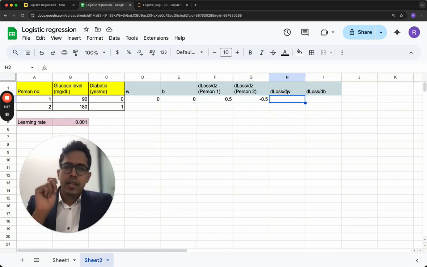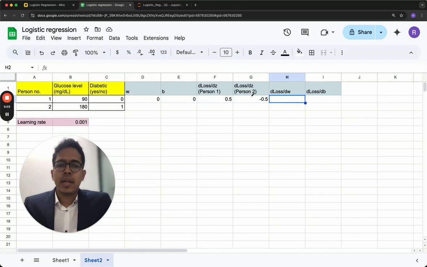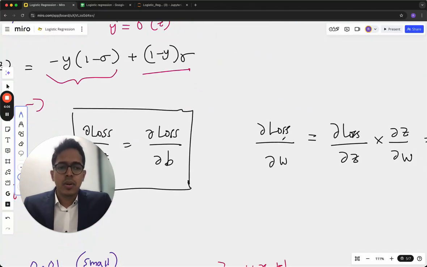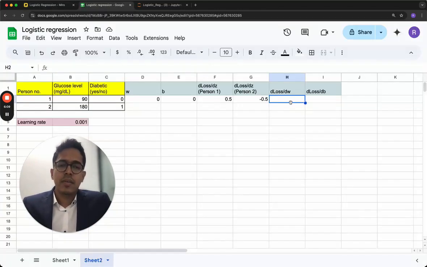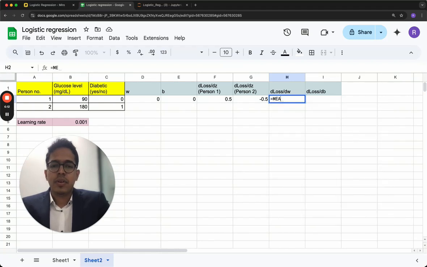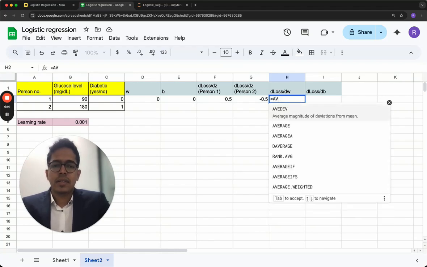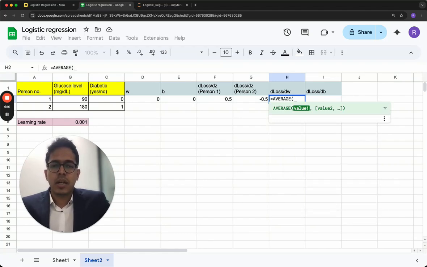Now the loss in W happens because person 1 contributes to the loss, person 2 also contributes to the loss. And we know that D loss by DW is equal to D loss by DZ times X. So here we can take the mean of two numbers, or average of two numbers.